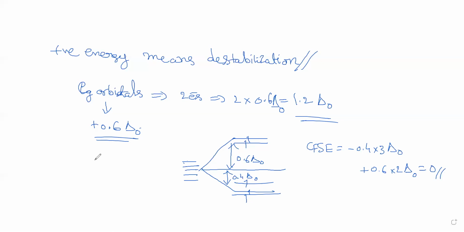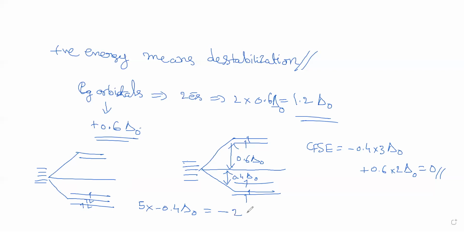There is another situation I'll let you know. How to calculate? You have EG and T2G. Suppose all the 5 electrons are paired within the lower level itself. This also can happen. If all the electrons are filled at the lower level, I will get 5 into negative 0.4 delta naught, so it will be minus 2 delta naught.